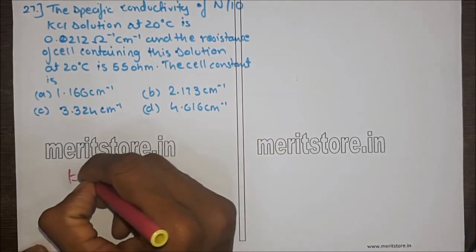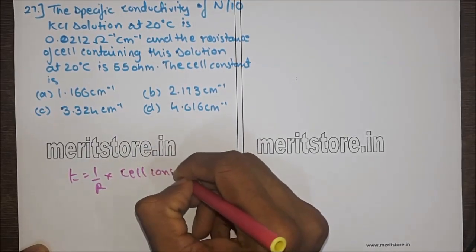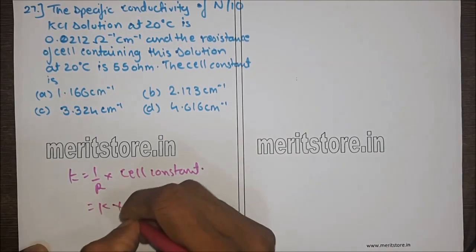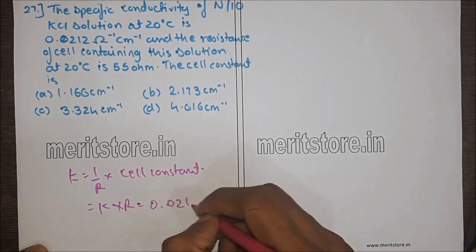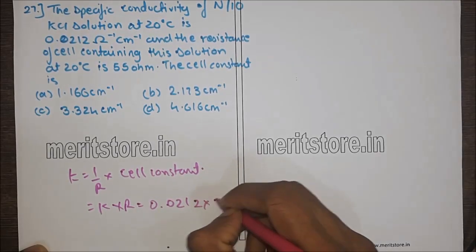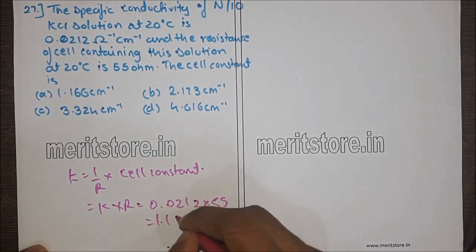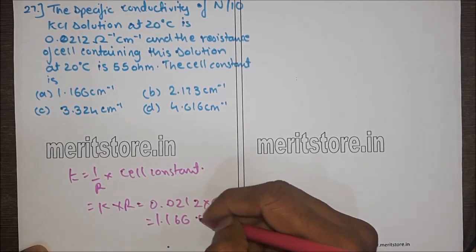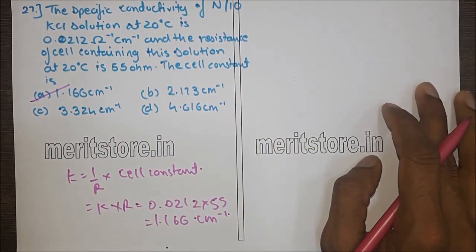We have K equal to 1 by R into cell constant, so cell constant equals K into R, which is 0.0212 into 55, equal to 1.166 per centimeter, which matches option A. Therefore, option A is the correct answer.